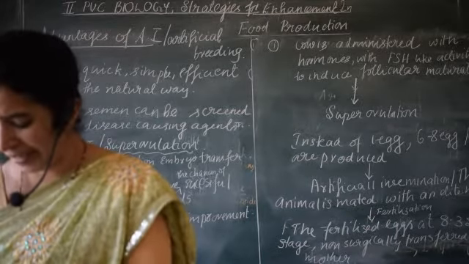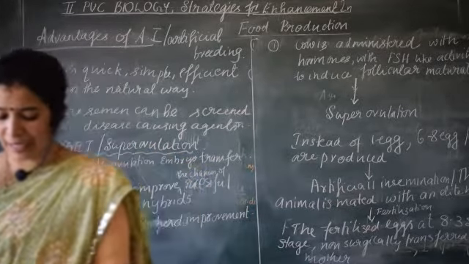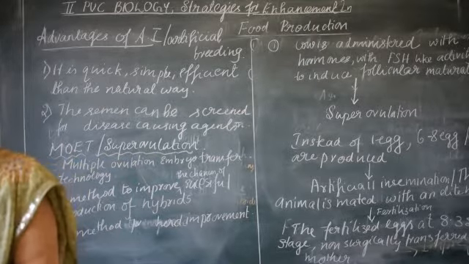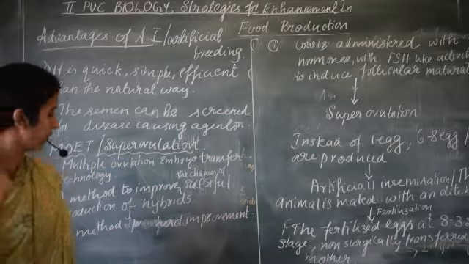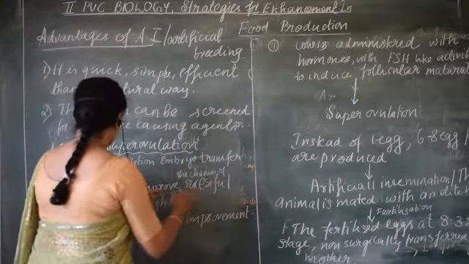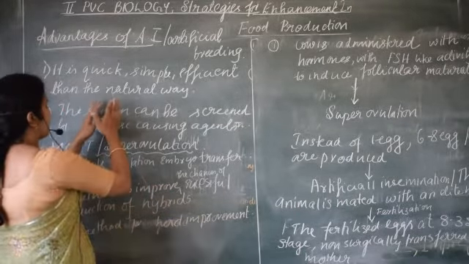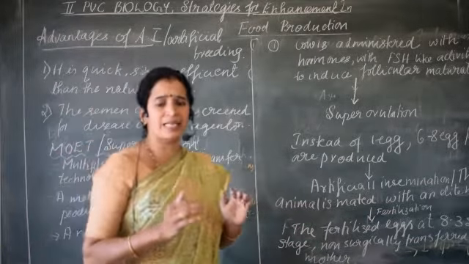This ensures that there is no problem with artificial insemination, and there is a better chance of breeding more. Here we say that this is a method to improve the chances of successful production of hybrids. Even though artificial insemination is a very quick, simple and efficient method, there are chances of failure.